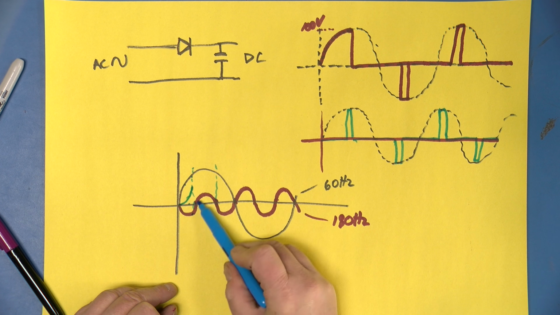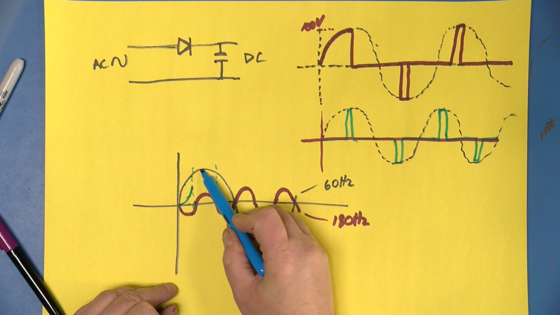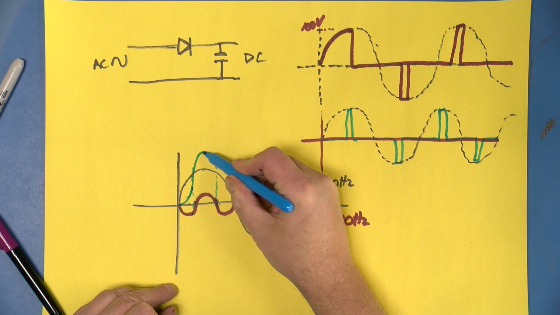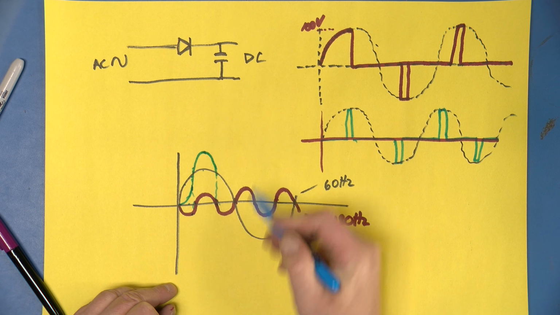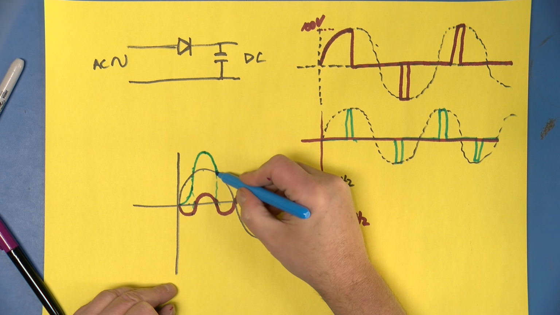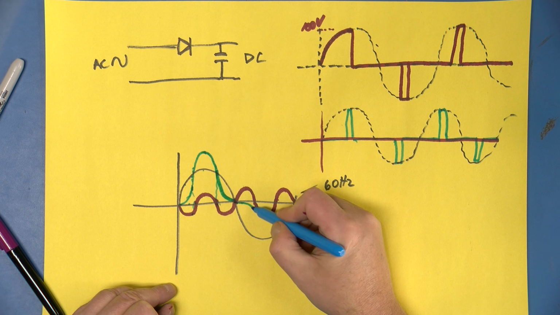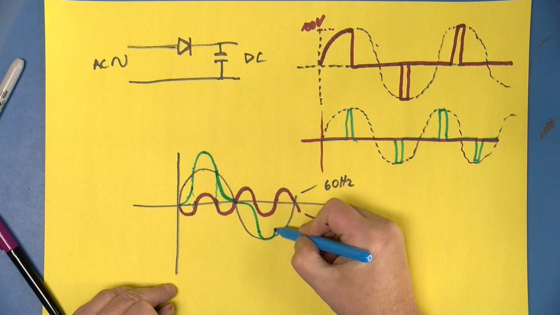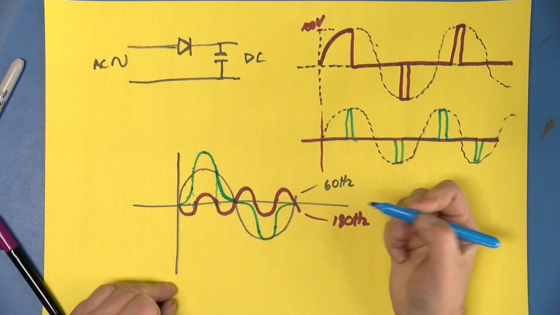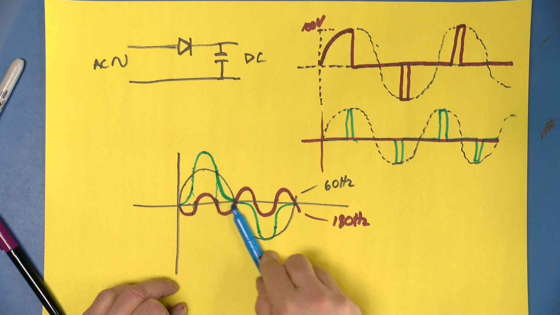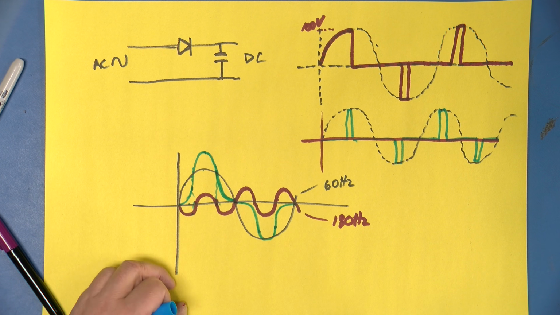Up here, the third harmonic adds to the fundamental, so it makes it go up like that. Down here, they cancel. We get something like this. And if we carry that through, we get a waveform that looks something like this. So not as jagged as this one, but you can see it's now quite peaky.